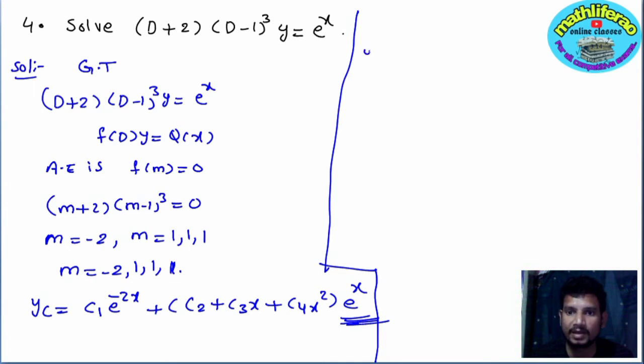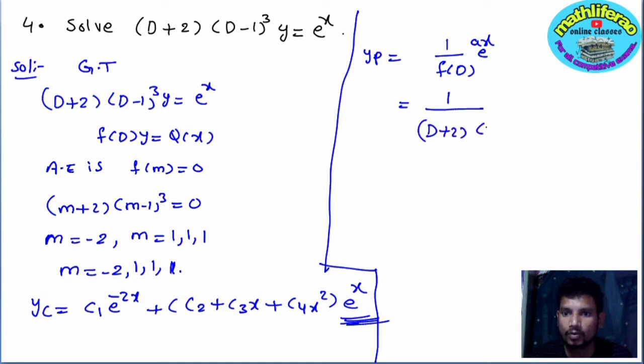So your particular integral yp equal to 1 by f of d into e power ax. So here 1 by d plus 2 into d minus 1 whole cube, e power x. Here a value is 1. Taking a value 1, 1 minus 1 whole cube, this value becomes 0. And here f of d equal to d minus 1 whole cube.